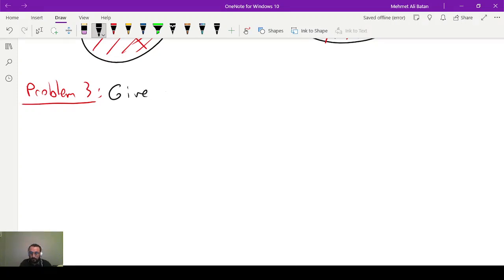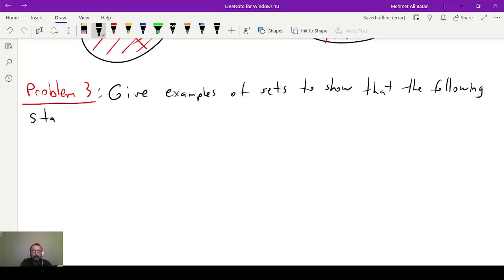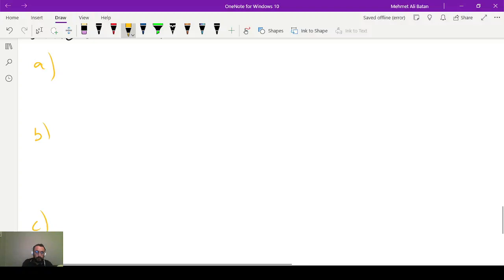Give examples of sets to show that the following statements are false. Let me write all the parts: A, B, C, and finally D.